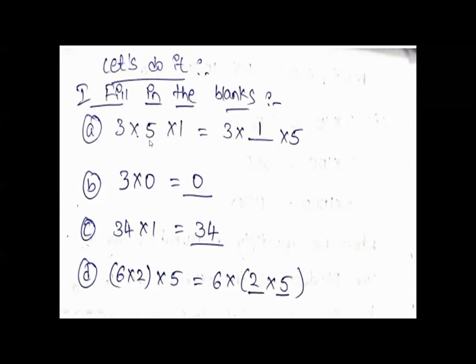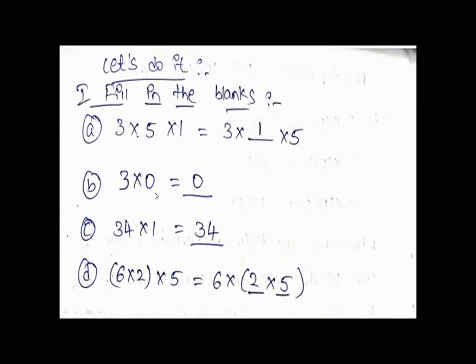We have to fill the missing number. 3 into dash into 5. In that, what remains? 3 is there already, 5 is there. Remaining 1 we have to fill. 5 threes are 15. Into 1, how much? 15. 3 into 1 is 3. 3 fives are 15. Same. Both are same.